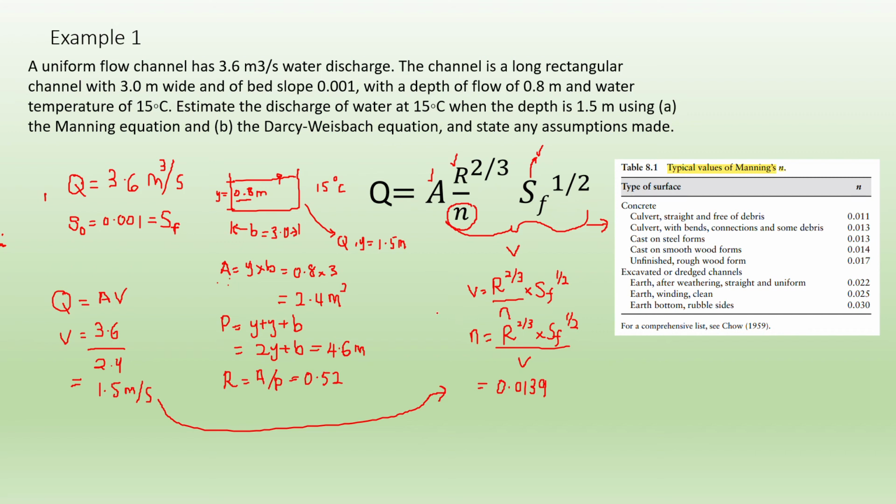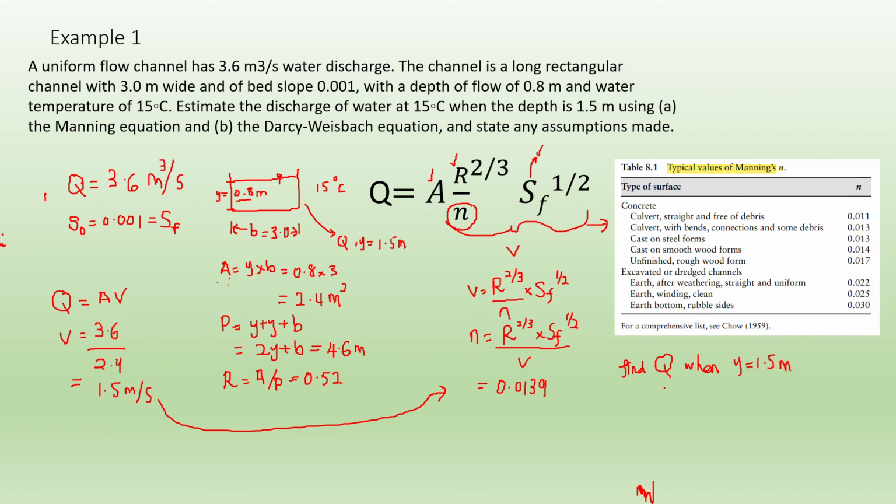Now you know all the parameters, all the values here. Then you can find Q at depth equal to 1.5. Let me show you the simple steps. The question is to find Q when Y is equal to 1.5 meter.